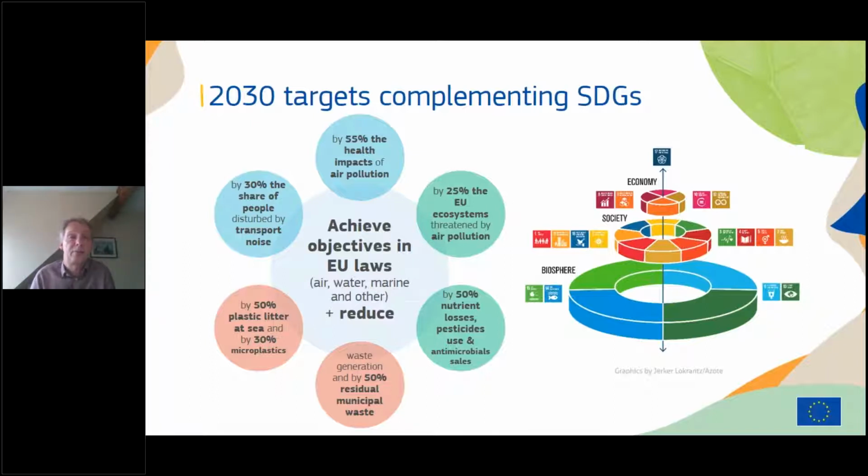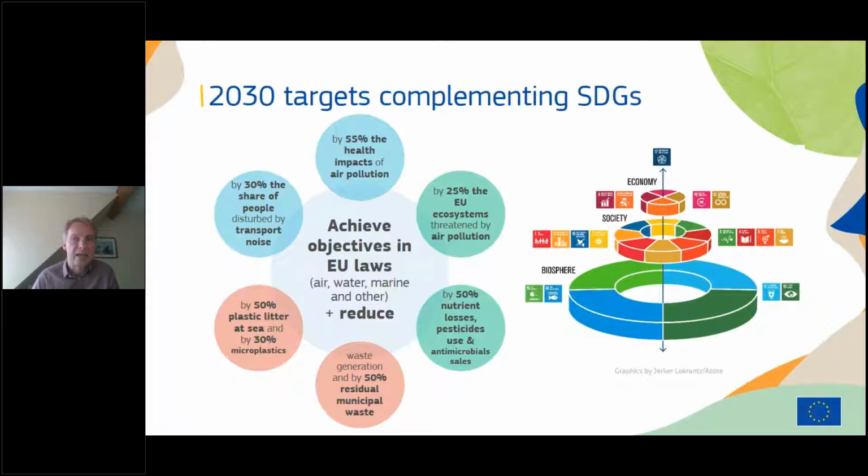Right in the middle is something that I think is absolutely crucial in all of this, which is that what should really be the core of our work collectively is to achieve the objectives set in EU laws. If you look at my area, water policy, we have a very important objective set there, which is the non-deterioration of all European water bodies and achieving good status for European water bodies.